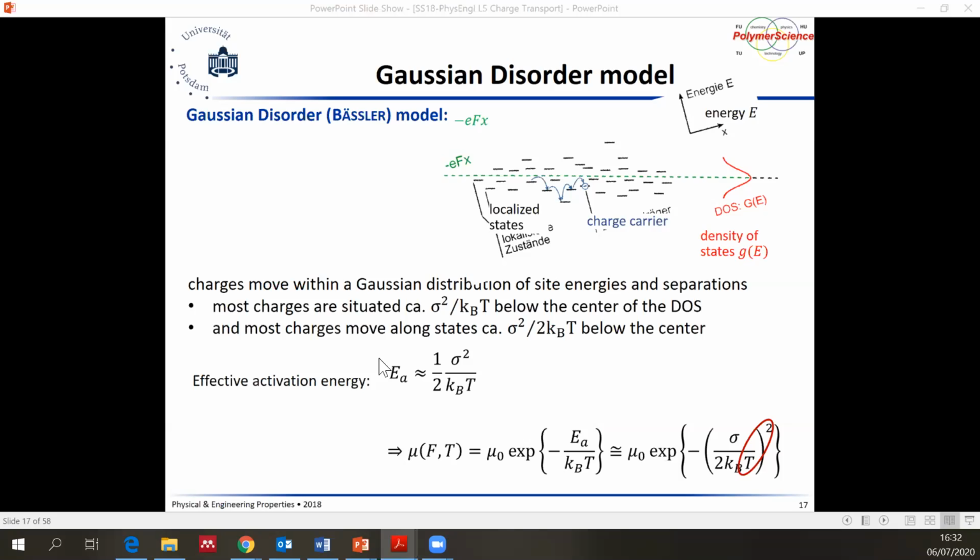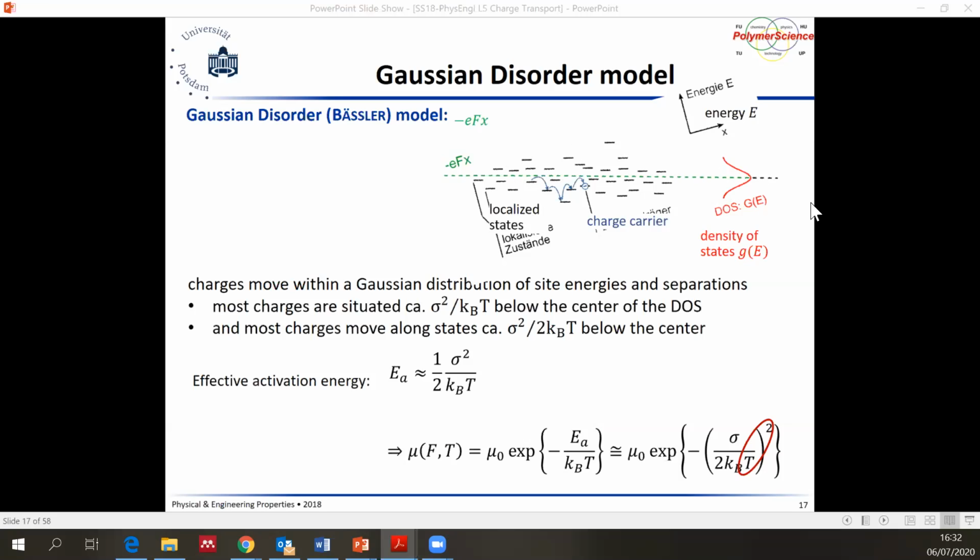And most of the charges are situated approximately by the amount of energetic disorder squared over kT below the center of the density of states. Here in this drawing on the top of this slide, you can see the center of the density of states is approximately halfway through all the energetic sites that are distributed.